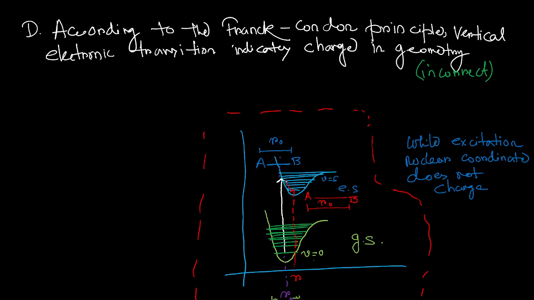Electronic excitation is a little bit tricky and not so straightforward. But one take-home message is that during excitation, the electron is always excited from the ground state to the excited state where the geometry doesn't change, and this is called vertical excitation.